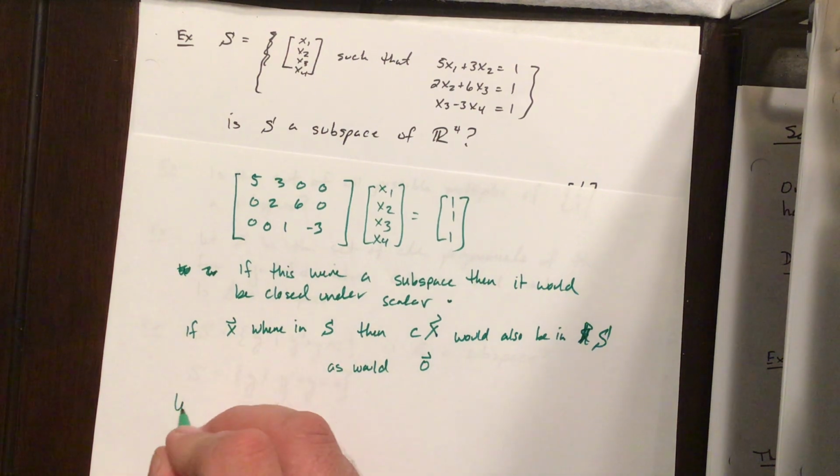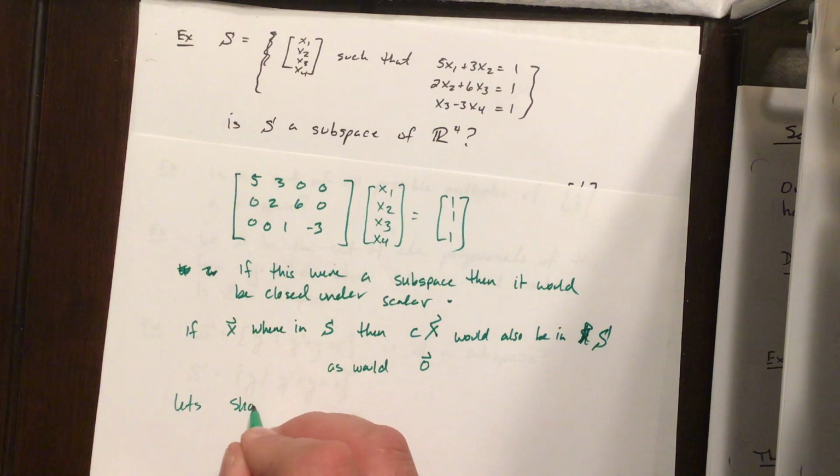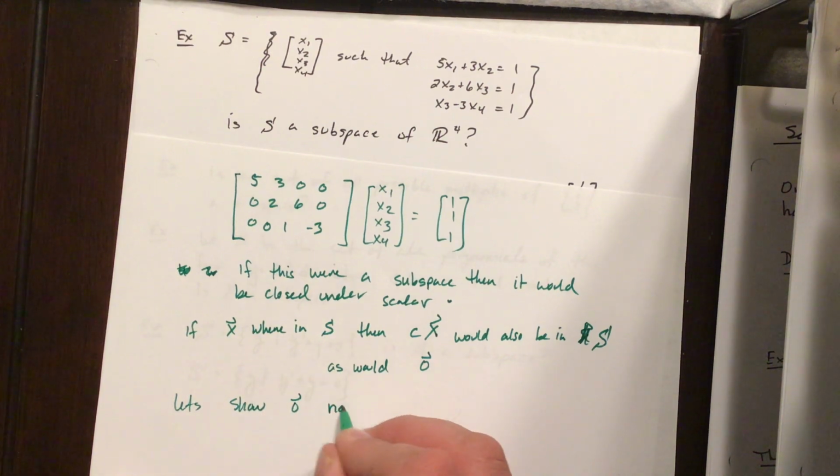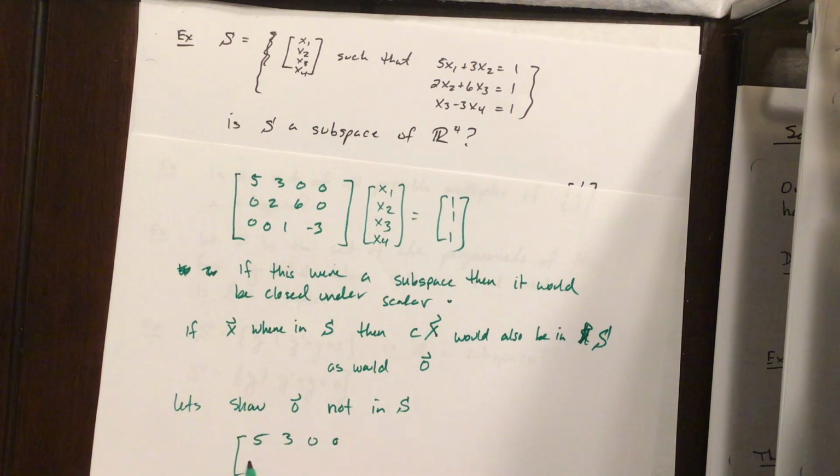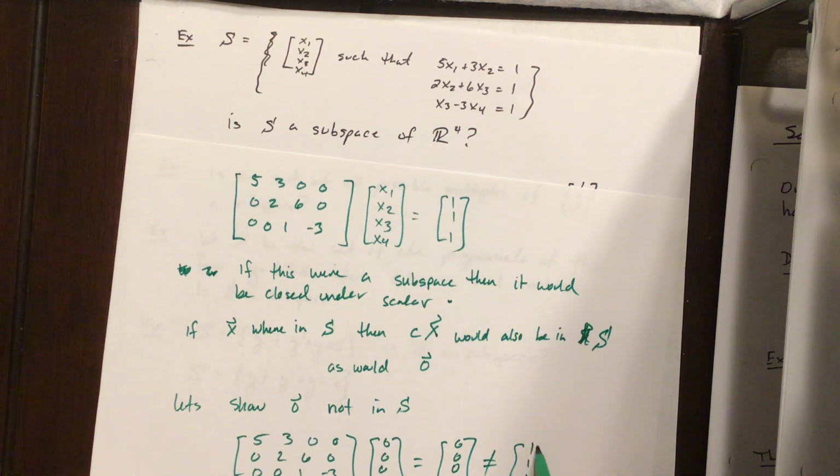So let's show that 0 is not in S. How do we do that? We'll take our matrix 5, 3, 0, 0, 0, 2, 6, 0, and 0, 0, 1, negative 3, and multiply it by 0, 0, 0, 0. What do you get? You get 0, 0, 0, which is not 1, 1, 1.